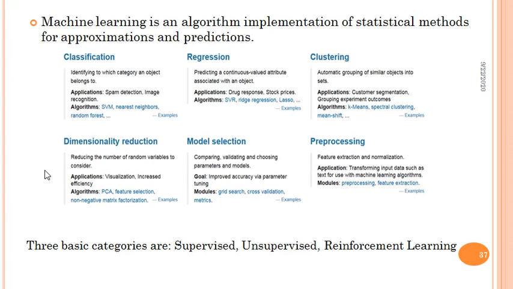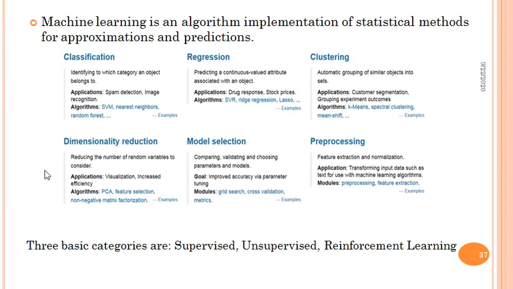Another important thing in machine learning is model selection, right? It means comparing, validating, and choosing parameters and models, because each model can have a number of parameters, and we need to select the most important parameters or models. In model selection, the goal is improved accuracy via parameter tuning.